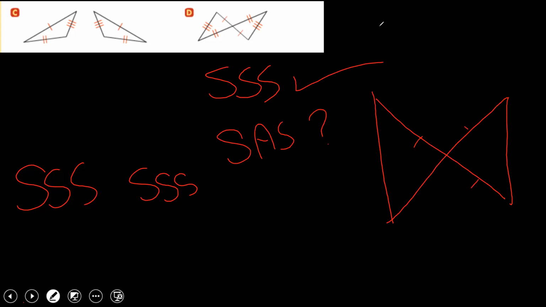But if you know that these two lines are intersecting, are these angles vertical angles? Yes, so they are equal. So here you have this side, and here you have this side, and here you have an included angle between them.